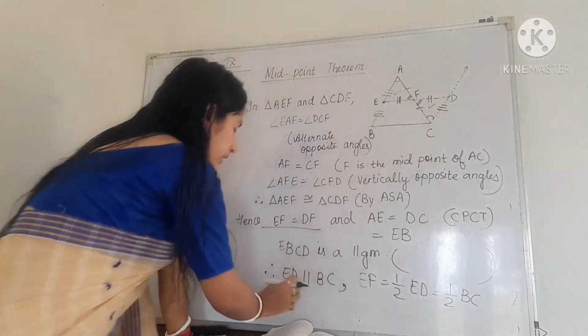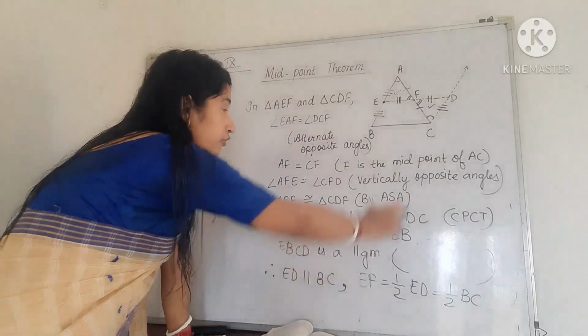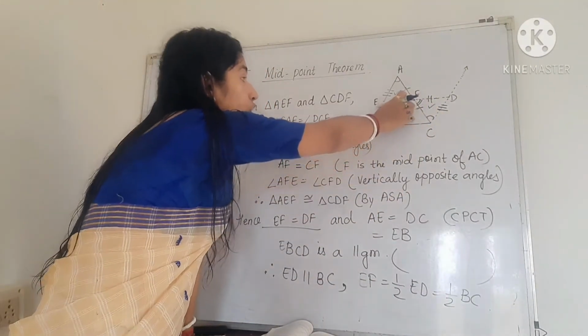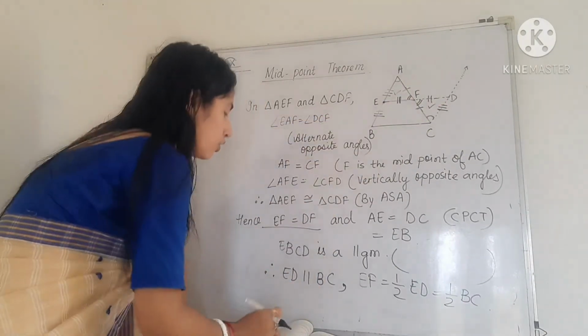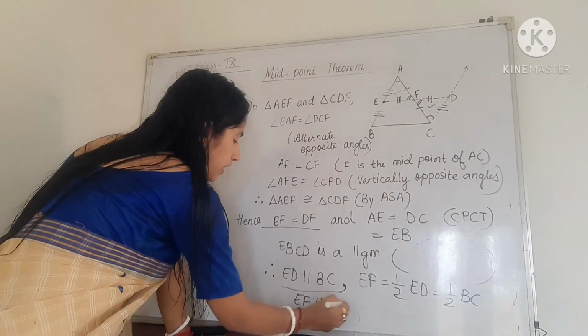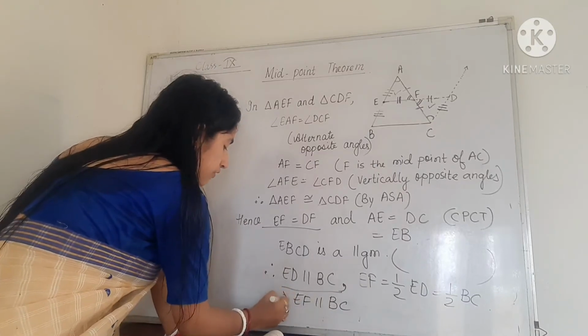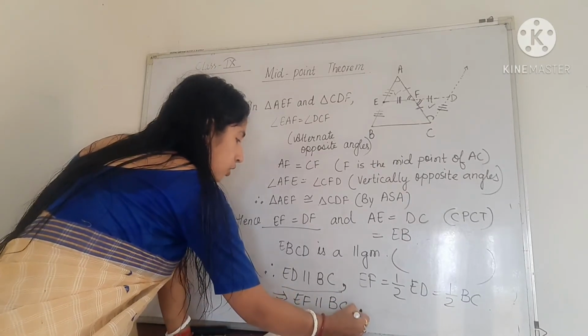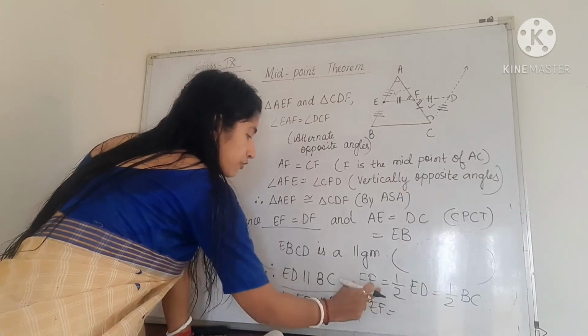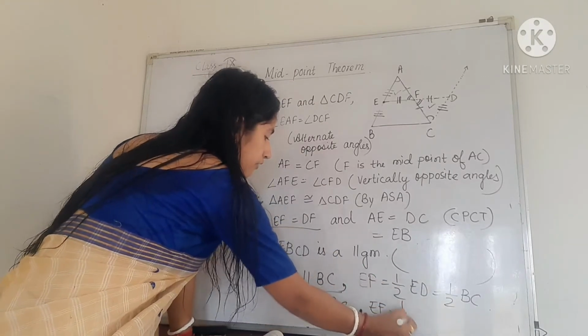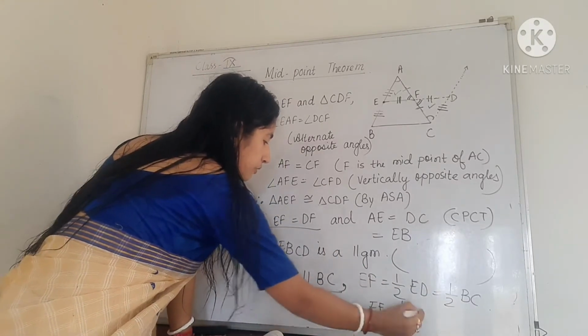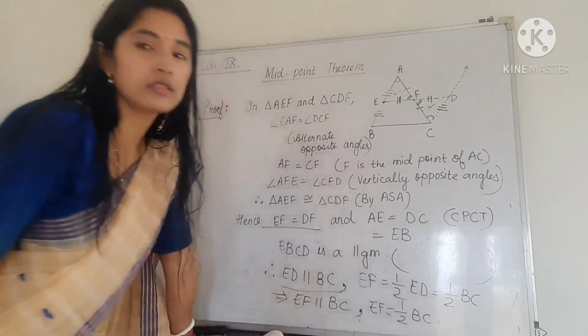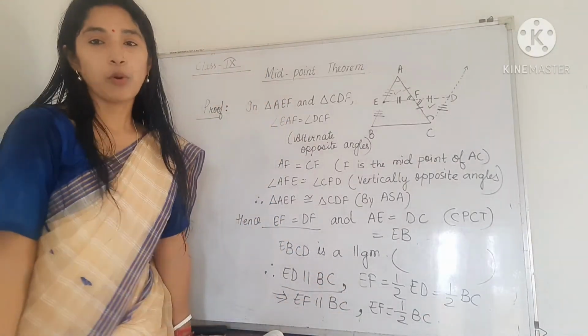We have already written ED is parallel to BC, and EF also lies on that same line. So EF is parallel to BC, and EF is half of BC. So EF is equal to half of BC. Hence proved. So this is the midpoint theorem.